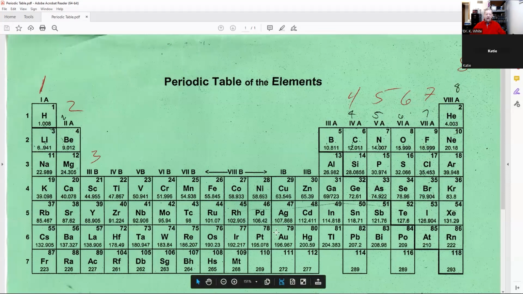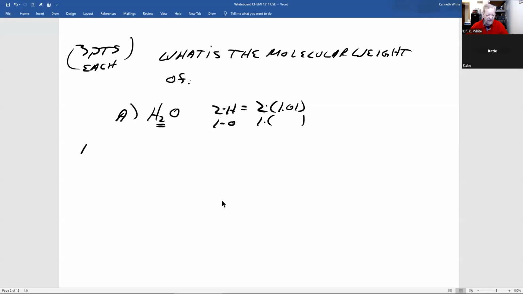I'm going to do that on the whiteboard because this might be a little tricky. How do you round this number off to 3 significant figures?